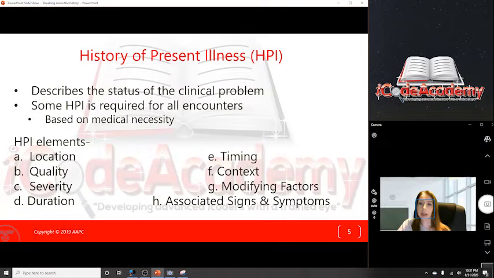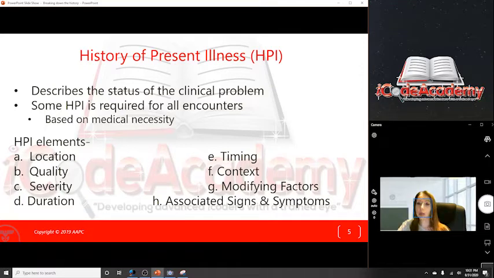So let's talk about that HPI. HPI, again, is going to be the history of the present illness, which is really going to describe the clinical problem. For each E&M encounter, some level of HPI is required, but the extent of what is required is going to really depend on the medical necessity, which is up to the provider who's seeing the patient to determine that medical necessity.